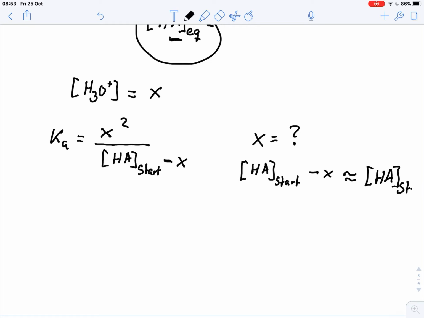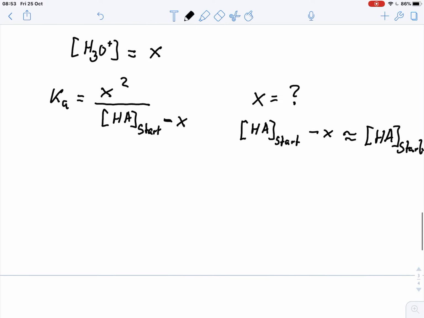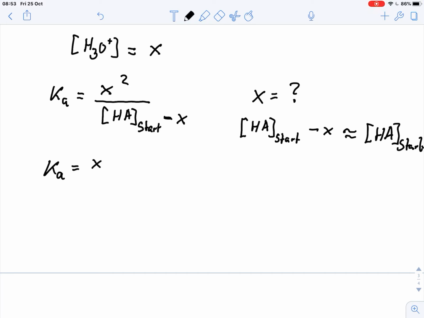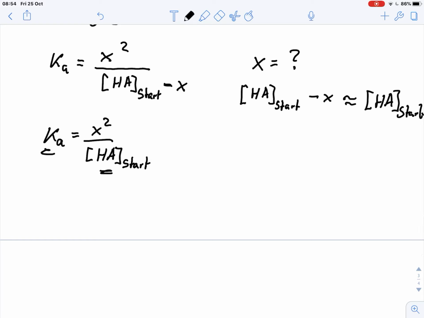It's not the same because the acid loses a few protons, so the starting concentration will go down, but if the acid is very weak, the loss is not very strong. So with that we can write Ka equals x squared divided by HA, our acid, the starting concentration. And that is something that we know, and usually we know Ka. So let's solve this for x.